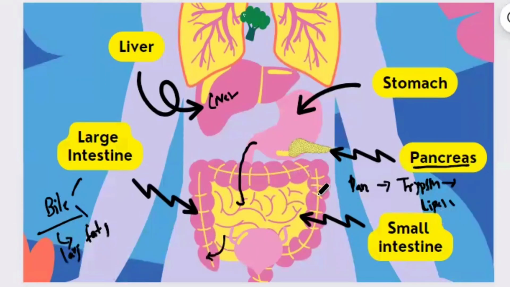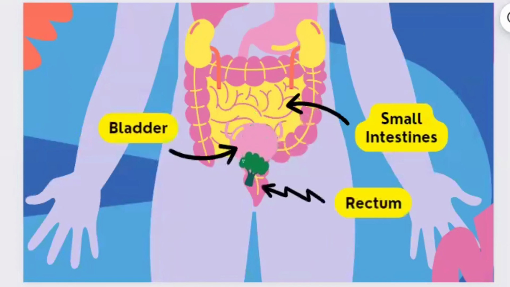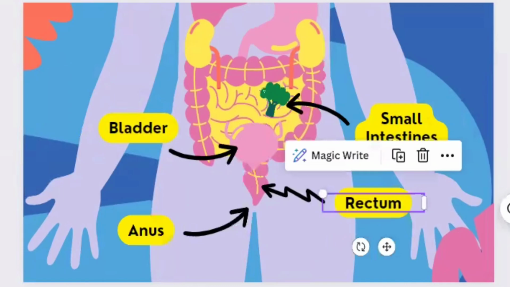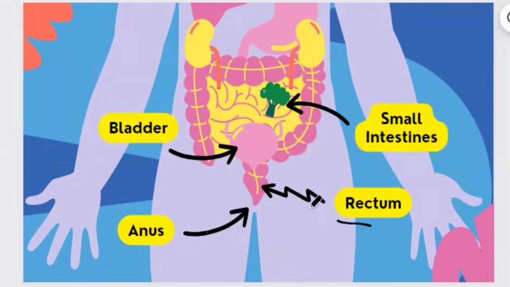Then from the large intestine, the food moves into the rectum, where the temporary collection of waste takes place. As you can see here, temporary collection of undigested food takes place in the rectum.